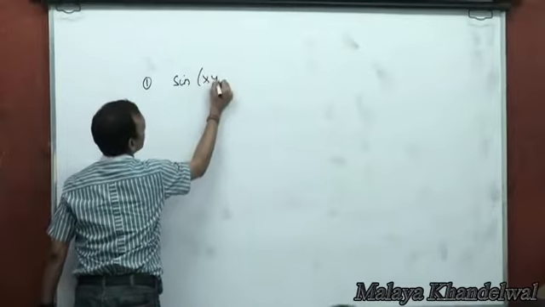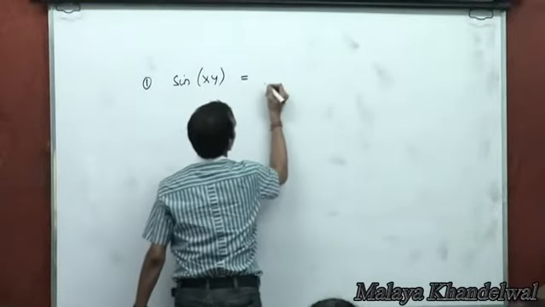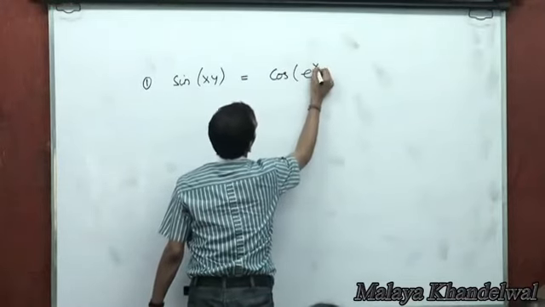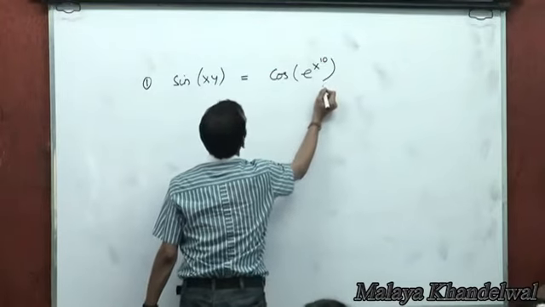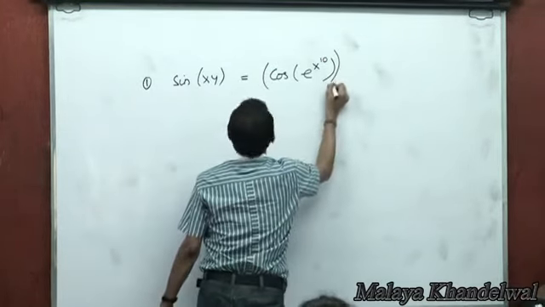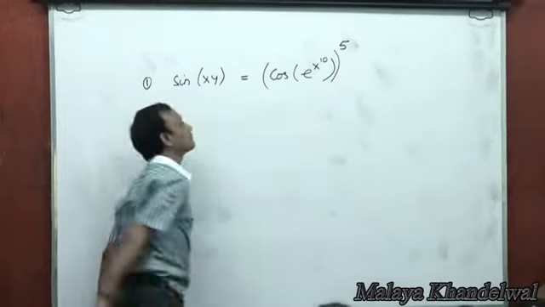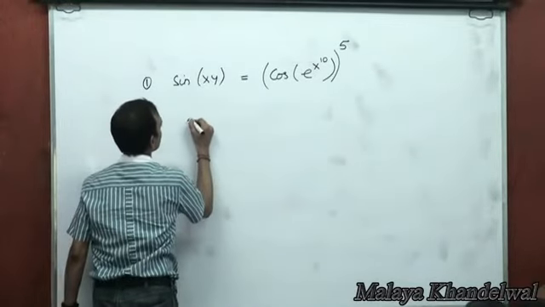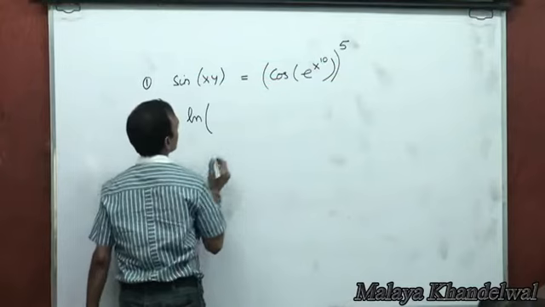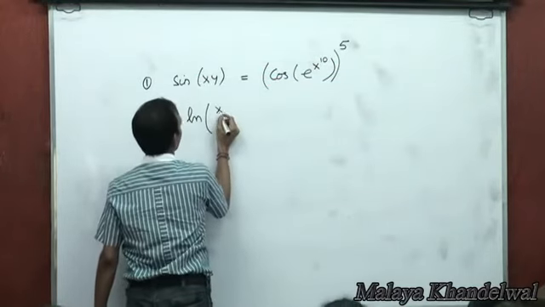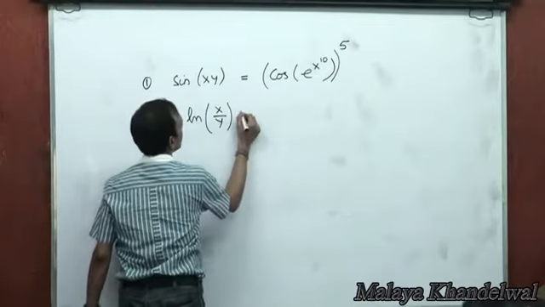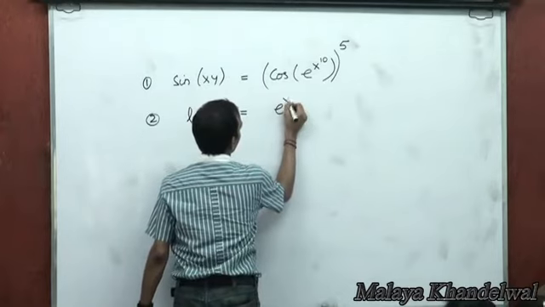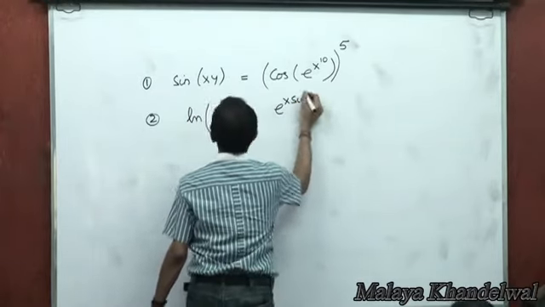Sine of xy is cos of (e power x to power 10) whole to power 5. ln of x by y is e power x sin x.